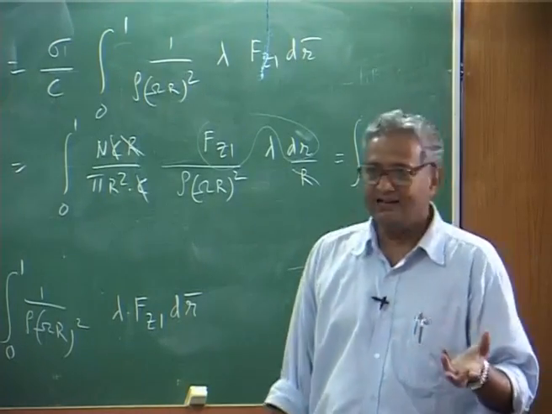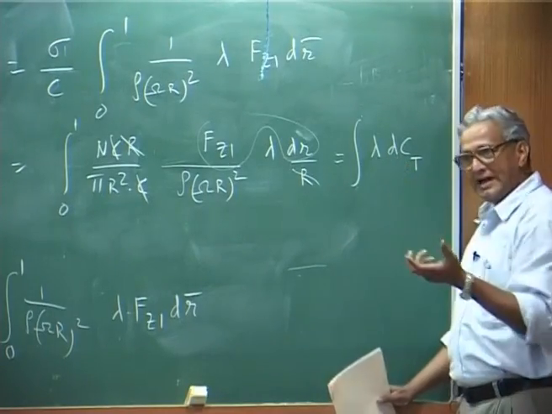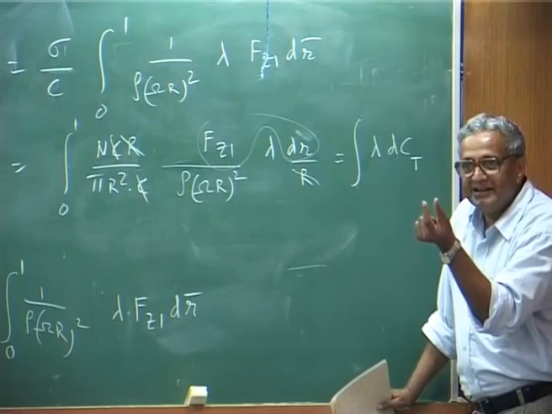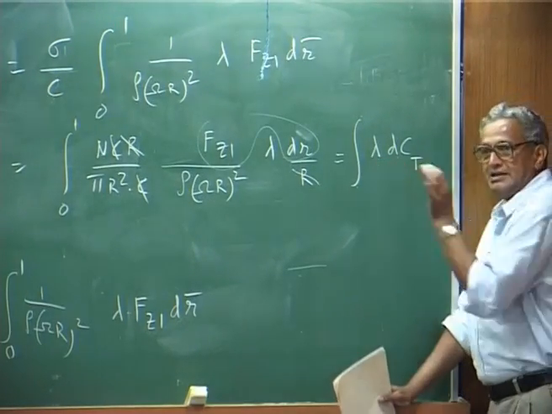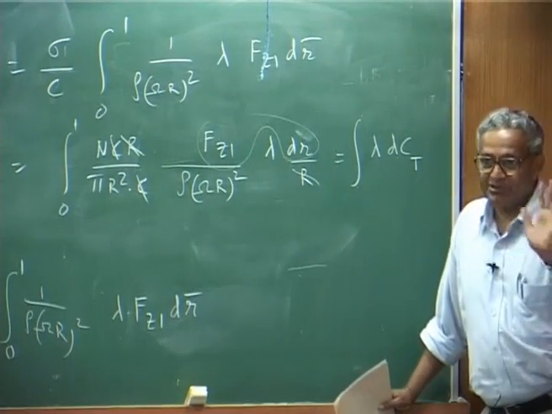This is the average value of the thrust, but a differential element, and lambda is the inflow through the disk at that location.